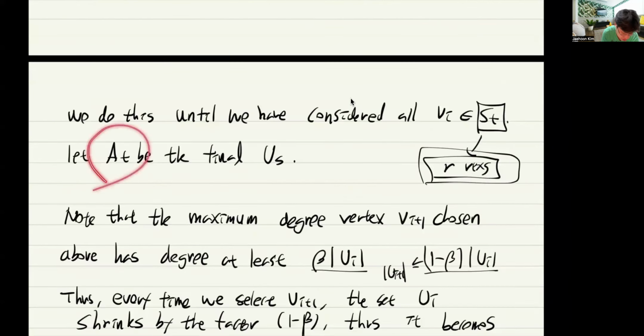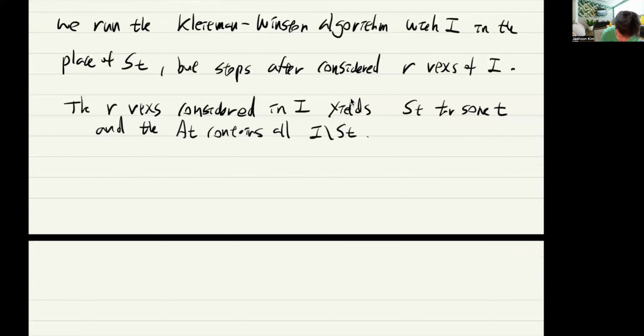So all the remaining vertices are in A sub T. So you know that this holds as desired.